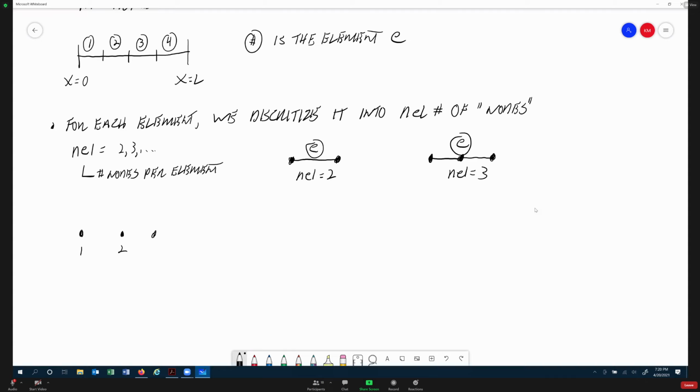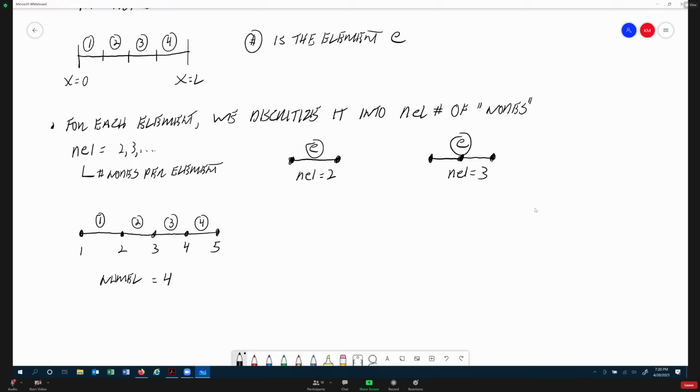So let's do another one where we have, let's count them, 1, 2, 3, 4, 5, and we're going to number this one 1, 2, 3, 4. In this particular example, num_L, number of elements, equals 4.